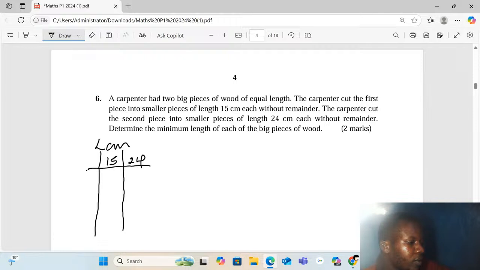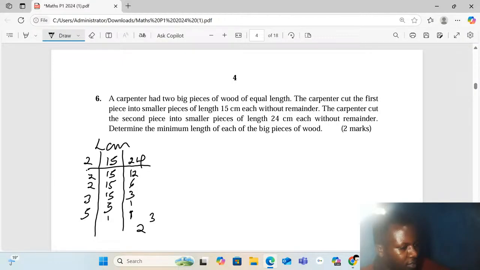So we can have 2. 2 into 24 is 12, 2 into 15 is 15. We have 6, 15. Then 3, 15, then 3, 5, then 1, 5, then 1, 1.